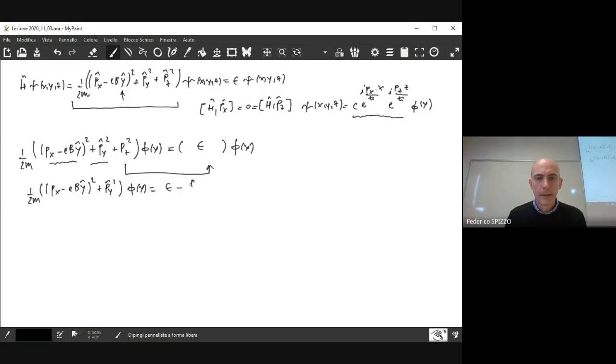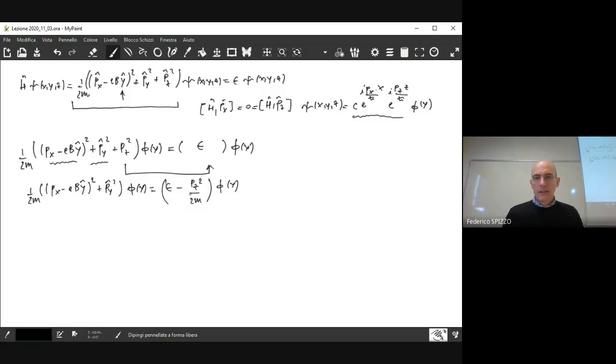minus Pz squared divided by 2m times phi y. So if you notice, at the end, this means that along z you have nearly no change.